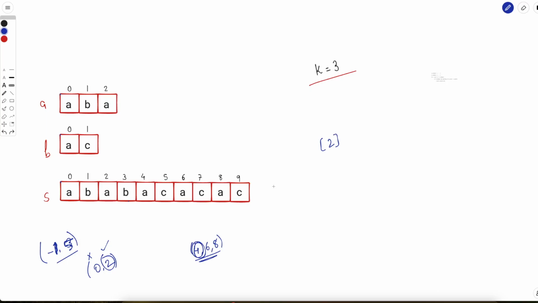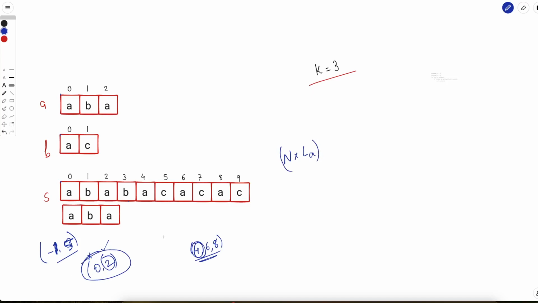Now what will be the time complexity of this entire solution? So we are doing 3 things. Notice we are first matching whether A exists or not, right? So if you remember, we have done, okay, it is matching, it is matching, and so on and so forth, right? So for each index we are iterating over the length of A to figure out which strings are possible matchings of A and are possible beautiful characters, right?